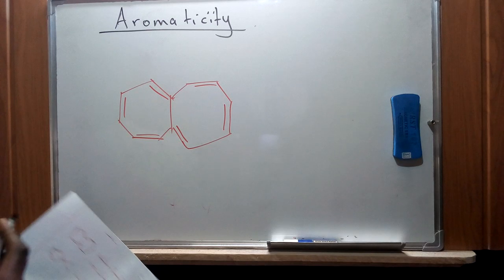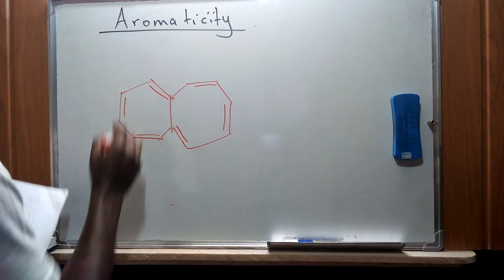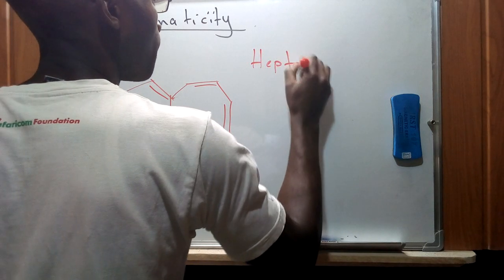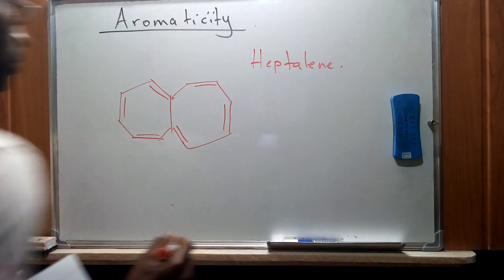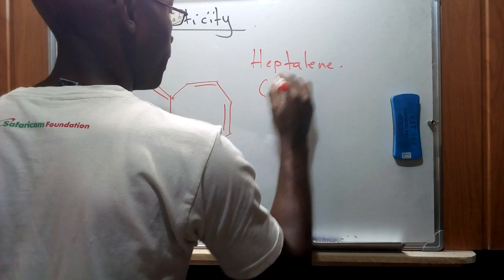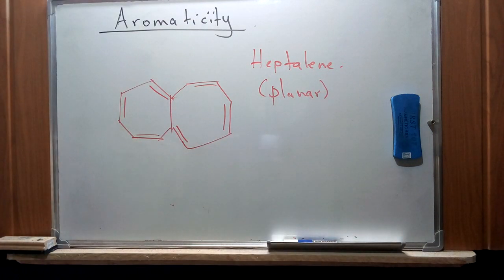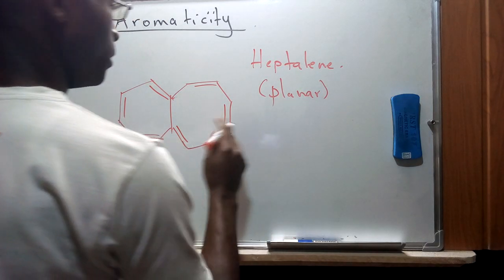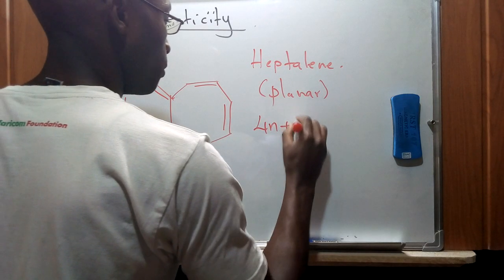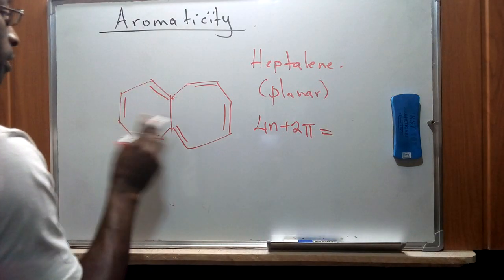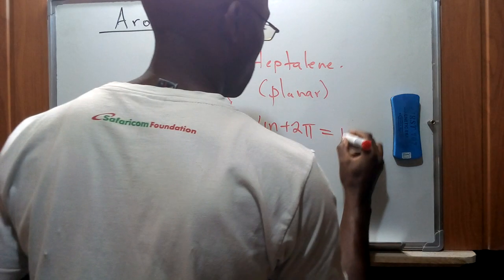The illustration I've given is for a molecule that is known as cycloheptatriene. This compound is planar and meets one of the conditions that we are given for organic compounds. But when we try to observe Huckel's rule, it's going to have 4n plus 2 pi electrons, which is going to be 1, 2, 3, 4, 5, 6 times 2, that is 12.